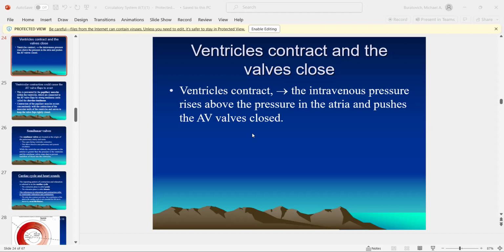The AV valves will snap open, and that will now constitute the inflow phase, rapid filling of the ventricles, ventricular filling or rapid inflow. And the final phase will be atrial systole or atrial contraction. That will take that 20% of the blood that's left in the atria and move it into the ventricles.